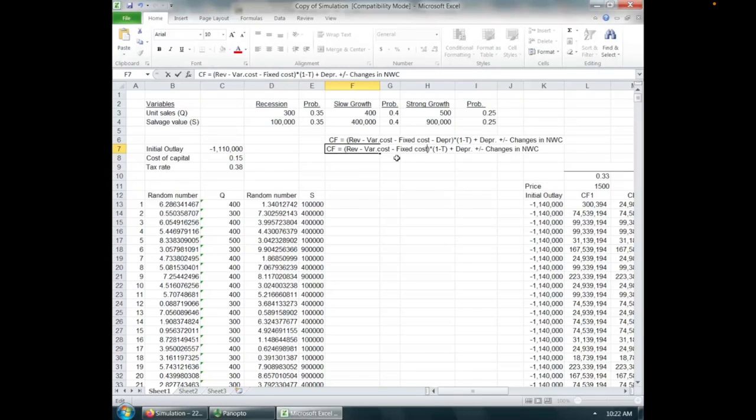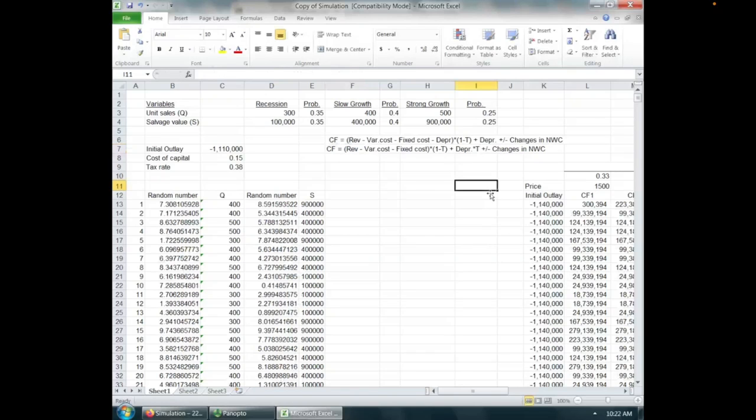So revenues minus variable costs minus fixed costs times 1 minus tax rate, and you add back depreciation tax shield, which is depreciation multiplied by the tax rate. And that is the expression that I used in the original template. And let me use that here as well, because it's actually a little bit shorter than this expression. So maybe that will allow us to save some time and work here.